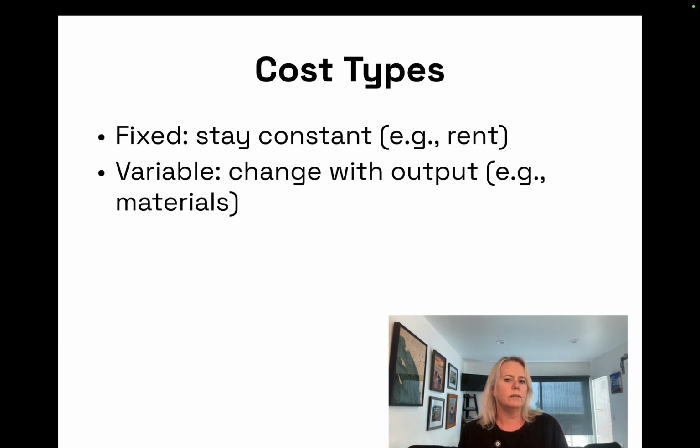Fixed costs are costs that stay constant. They don't change with the level of business. So if I'm paying rent, for example, I'm going to have to pay rent whether I do a lot of business or a little bit of business, because my rent is always going to stay constant. Variable costs change with the level of business. So for example, my employees: if I have 3 employees working in my coffee shop and it's slow, I can send 1 home.